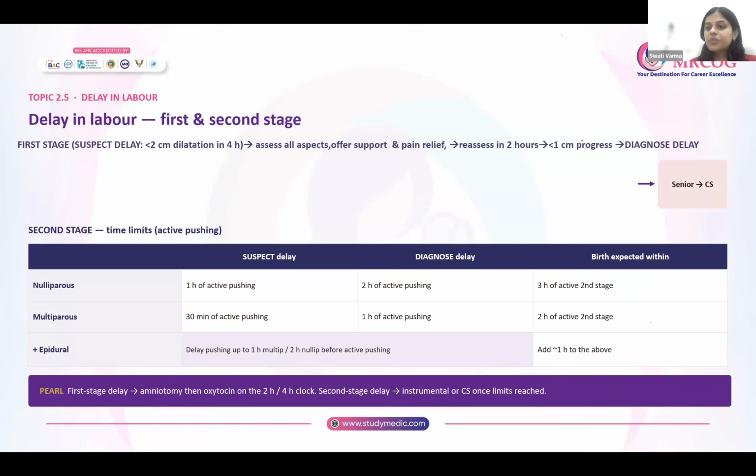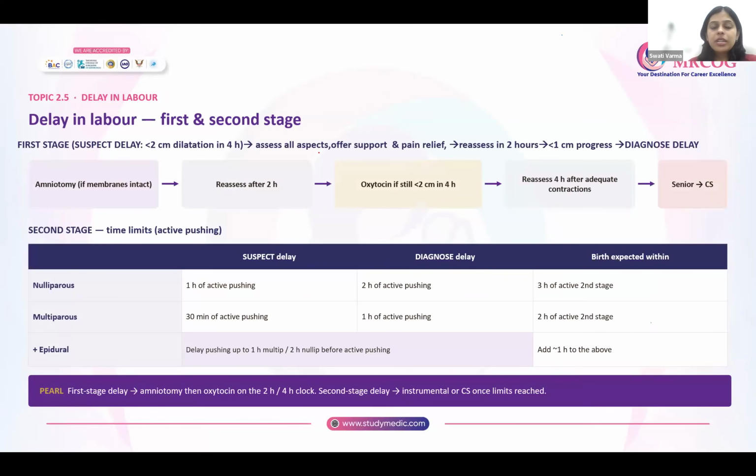Now let's come to another very important topic, that is delay in labor. Delay in labor, first and second stage, as we saw. So let's first come to first stage. First stage, as we all know, starts from when the labor pains have started. Of course, the uterus has started contracting and cervical changes have also begun.